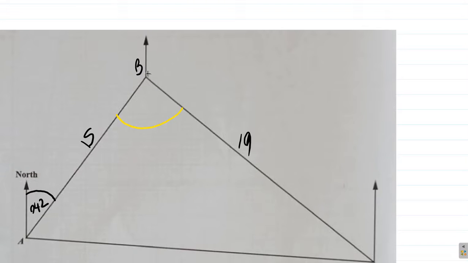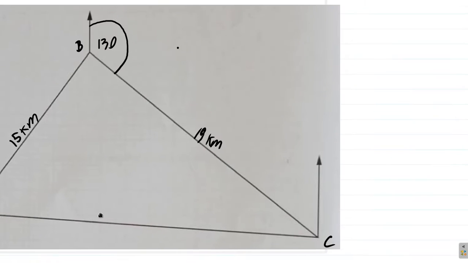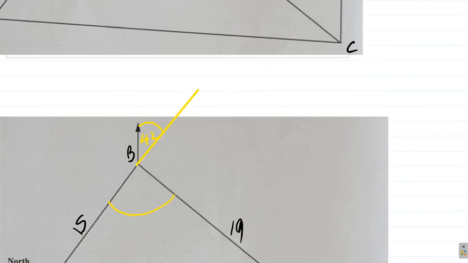Now, suppose we should extend this line. Then this would also be 42. See that? Because this is the same line extended, so that would be 42. But then we have the whole angle here from the north line all the way around is 130.